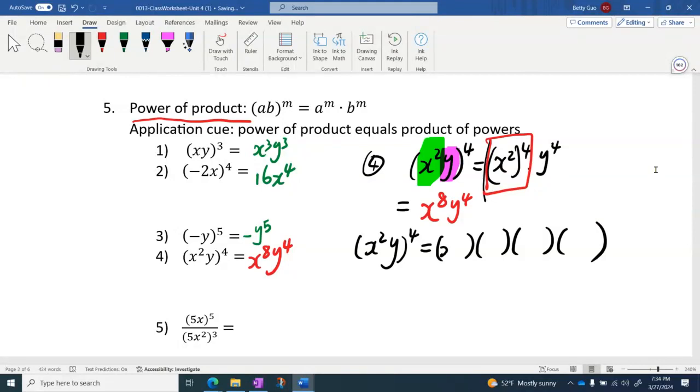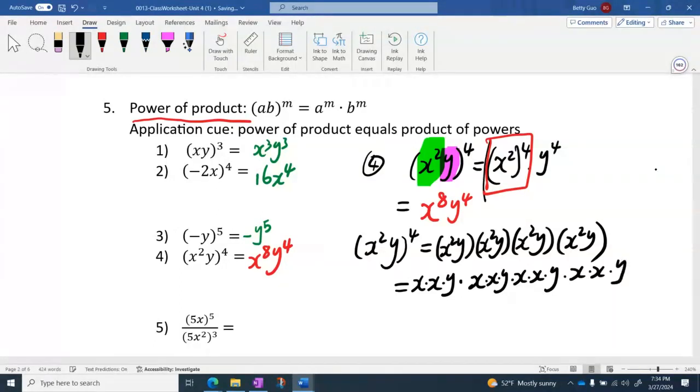In each parentheses, the base is x squared y. And x squared y is 2 x's multiplied together and 1 y.